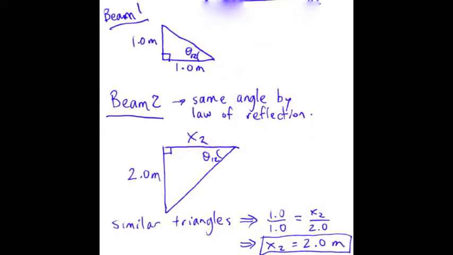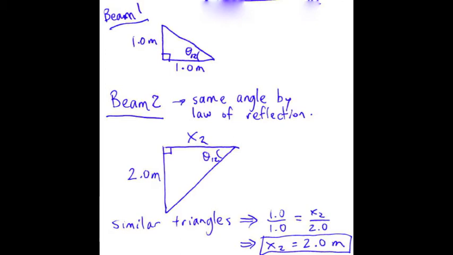Moving down in the solutions, let's look at the triangles for beam 1 and beam 2. Beam 1 descends a distance of 1 meter and goes to the right a distance of 1 meter. So you can solve for the angle theta sub 1,2. Beam 2 goes back out a distance x2, which we don't know, but goes down a distance of 2 meters.